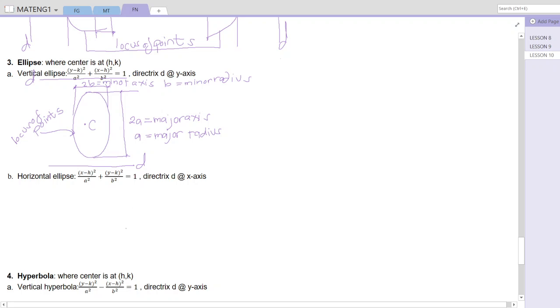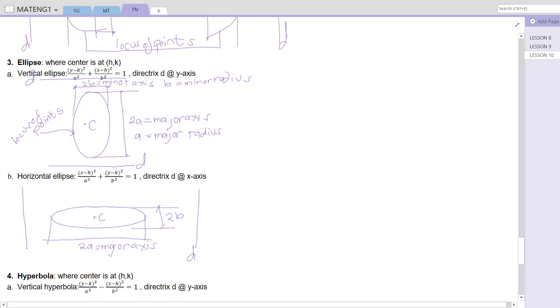Okay, so having the horizontal ellipse, if that is at the center 0, 0, at the origin again, if I'm going to draw the ellipse, this will be the center, and then the major axis is this. 2a is the major axis, and 2b is the minor axis, and the directrix is at the x-axis.